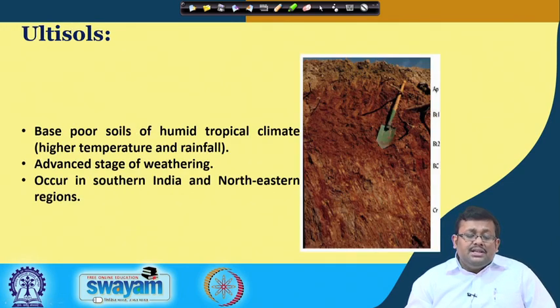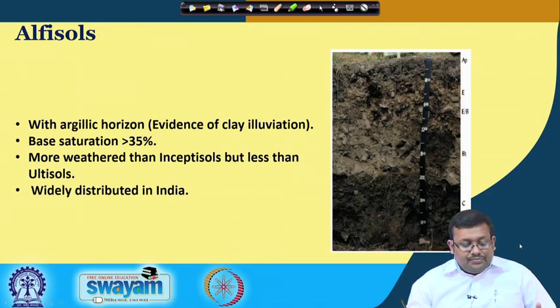Another important soil is called ultisols. These are highly weathered soils which are base poor, and they generally occur in humid tropical climates where higher temperature and rainfall are there. As the name shows, they represent advanced stages of weathering, and they occur in southern India and the northeastern regions of India.